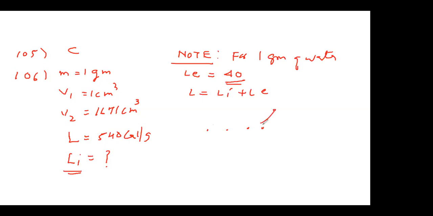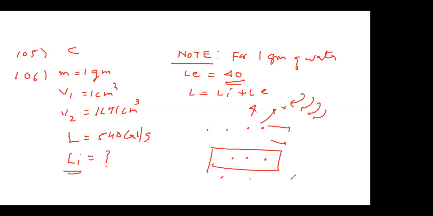External means because it is expanding, it has to do work during expansion against external atmospheric pressure. So suppose this is solid, पहला molecule का बीच का distance will increase. So this is called internal latent heat. Then because molecule का बीच का distance is increasing, it is expanding. If it is expanding, pressure will not allow it to expand. So it will spend its energy during expansion against external atmospheric pressure.